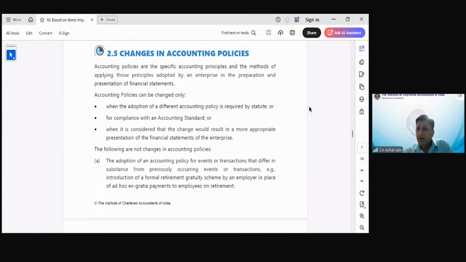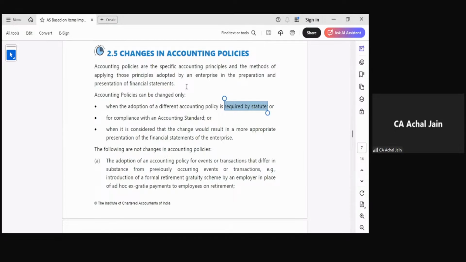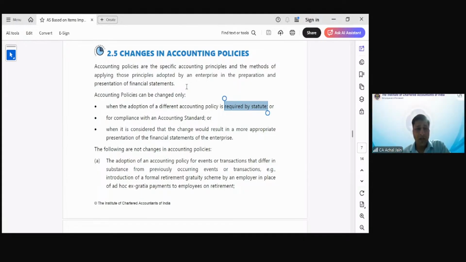Number one, it is required by statute. Statute means it's a legal requirement. Let's suppose because of any legal requirement, accounting policy has to be changed. Then of course the accounting policy will have to be changed, because if there is a statutory requirement, you'll have to change it. Correct?